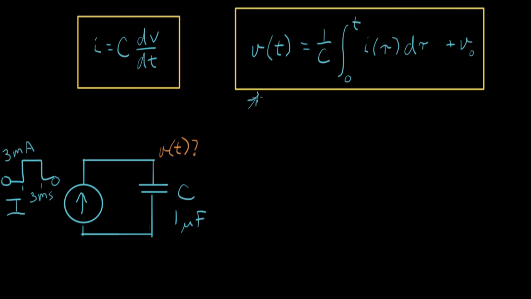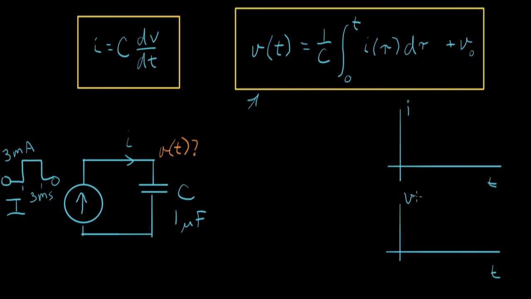We're going to use this integral equation to figure that out. So over here is where we're going to put our answer. This is going to be t, and this will be I. Here's I. And our plot right down here will be t, and here's V of t.